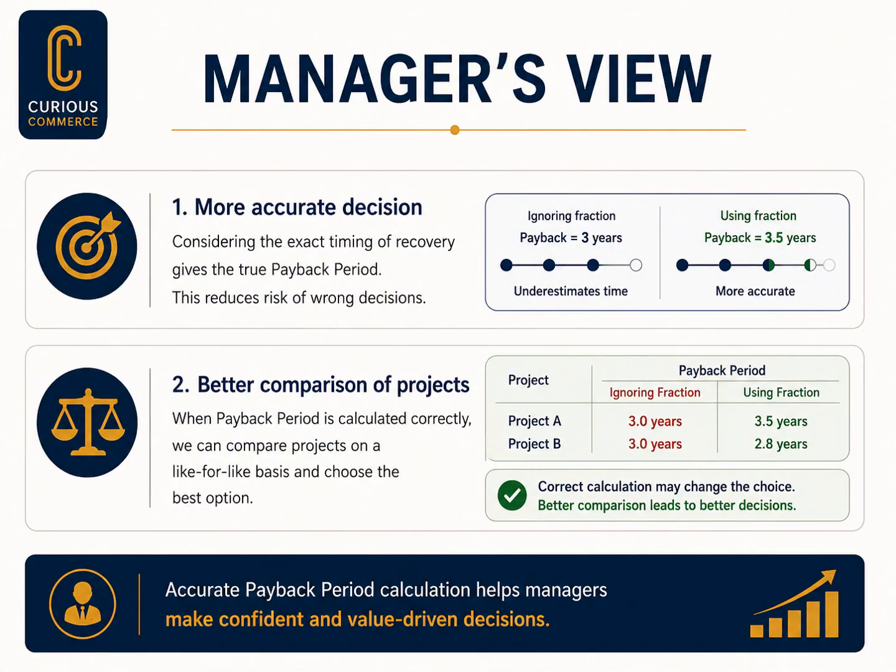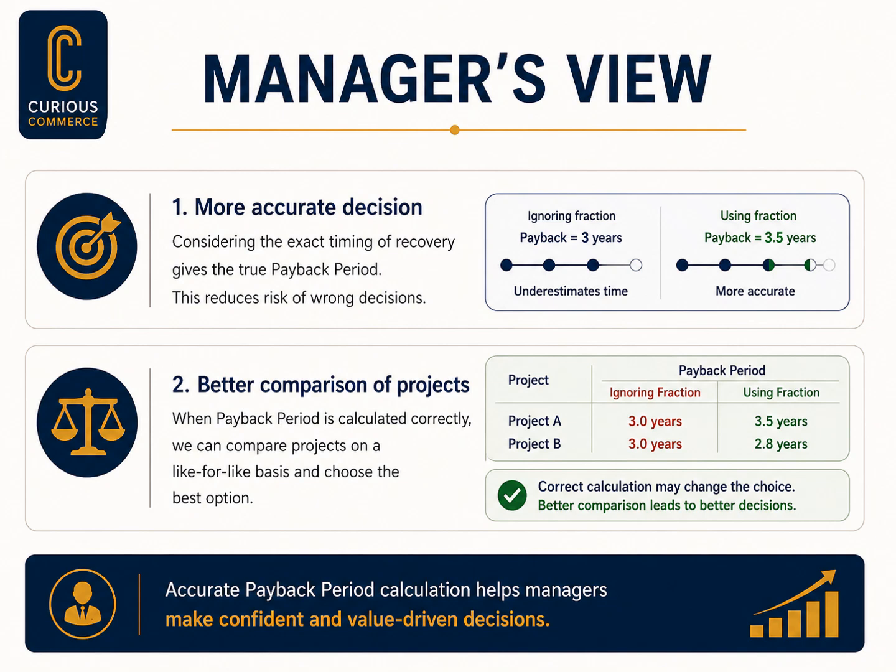Why is this concept important for managers? Because accurate calculation improves decision making. Suppose two projects have similar payback period. Small differences may change the decisions. When payback period is calculated correctly, we can compare projects on a like for like basis and choose the best option.